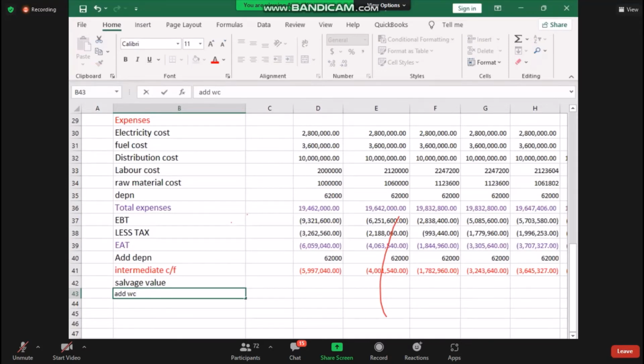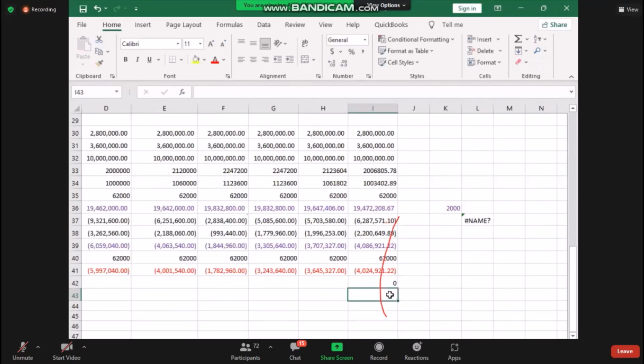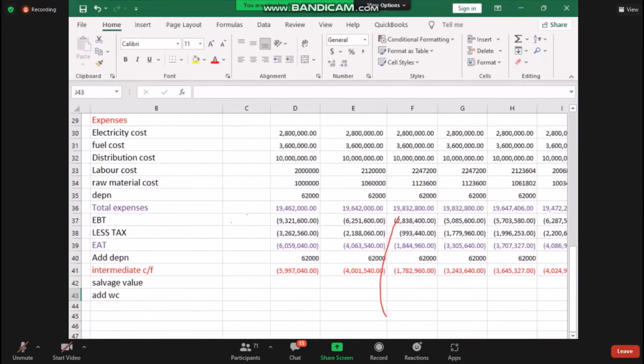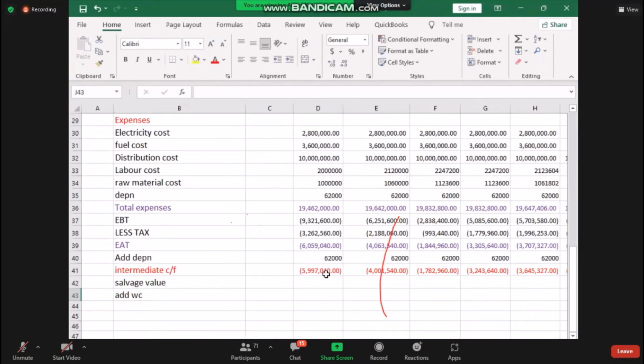And you put the amount there. Maybe if it is 2,000, you put 2,000. Just put the amount there. And then you get the total of whatever you have here to get your final terminal cash flow.